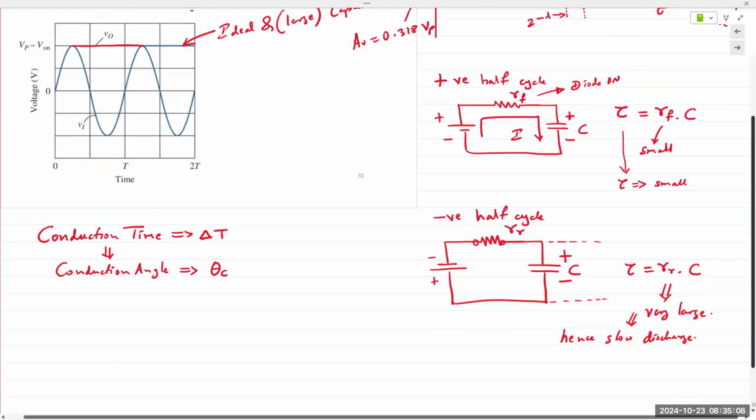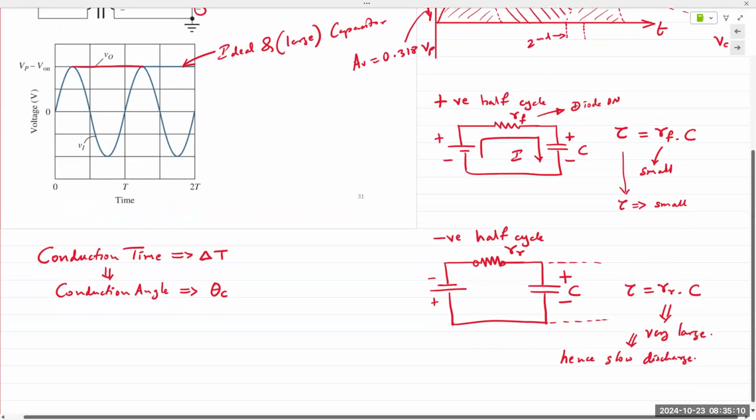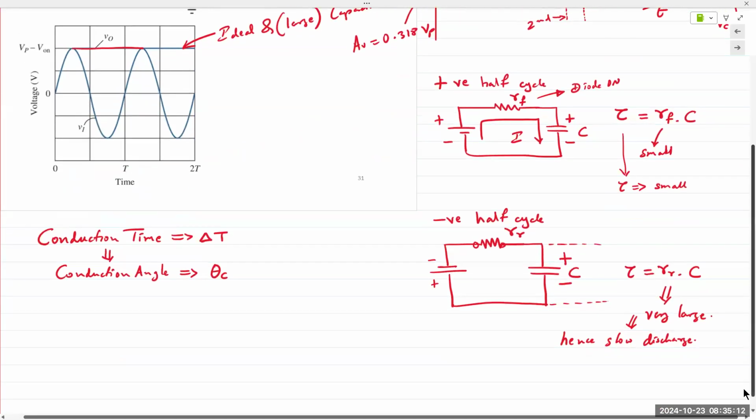So we can technically, mathematically define the ripple voltage, represent it as VR.